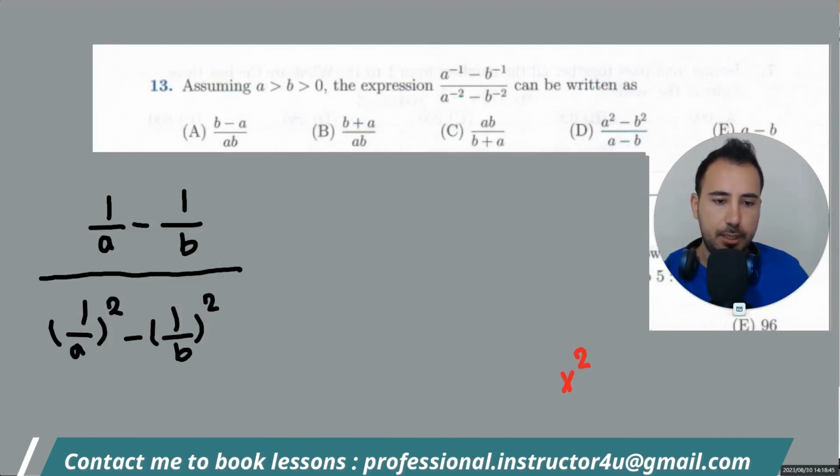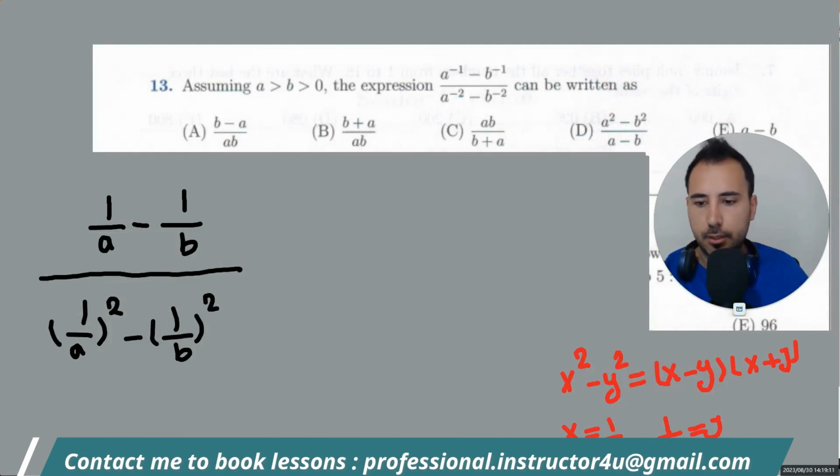x squared minus y squared is equal to x minus y multiplied by x plus y, right? Now in our case, 1 over A is x, and 1 over B is y. So let's go and replace the new values.